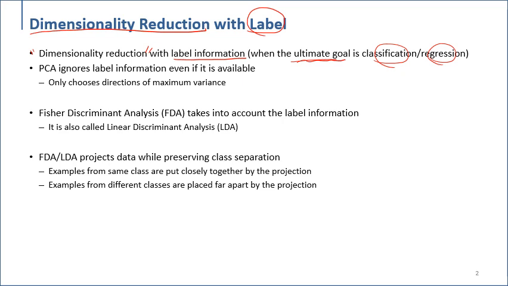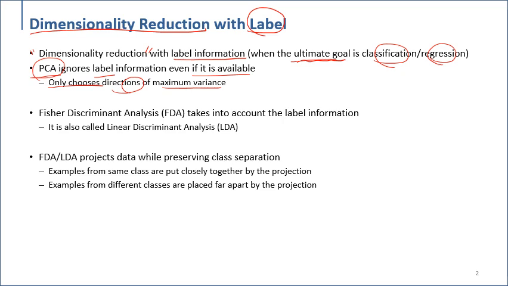So regarding the difference between dimensional reduction with label, last time we have learned PCA, principal component analysis, and here we ignore label information even if it's available. We just ignore the label information and just reduce the dimension. So we only choose directions of maximum variance, ignoring any label.